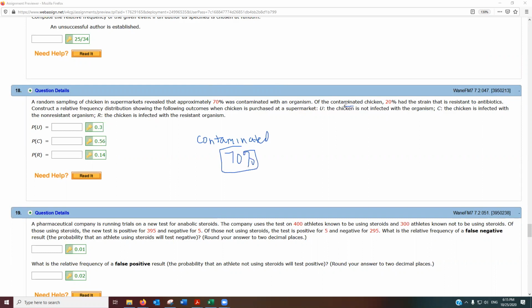It says of that contaminated chicken, so of that 70%, 20%, so let me write here, 20% had a strain that is resistant to antibiotics. All right, so here's what they want me to figure out first: the probability of U. Well, this is the probability the chicken is not infected. So we want to know the probability the chicken is not infected with the organism.